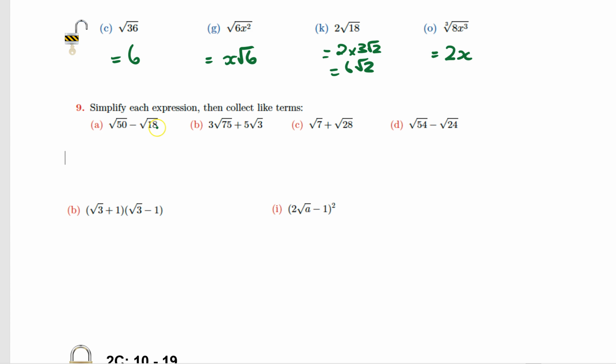This one here, we can't do a subtraction, we have to get them to the same surd if you like. So root 50 is 5 root 2, root 18 is 3 root 2, so this is equal to 2 root 2s. 3 root 75, well again, that will be 15 root 3, plus 5 root 3, so that's 20 root 3 altogether.